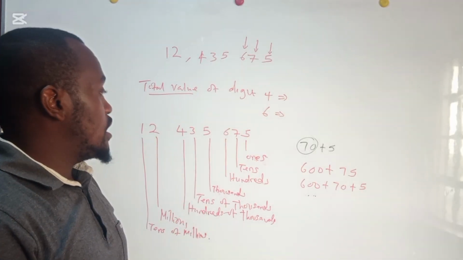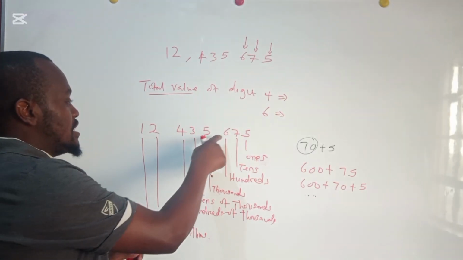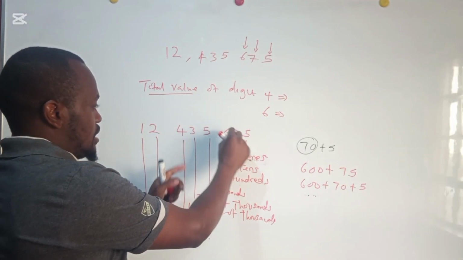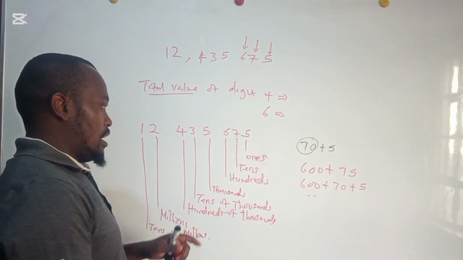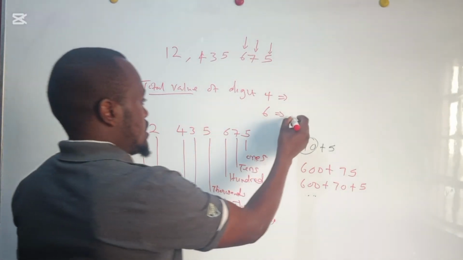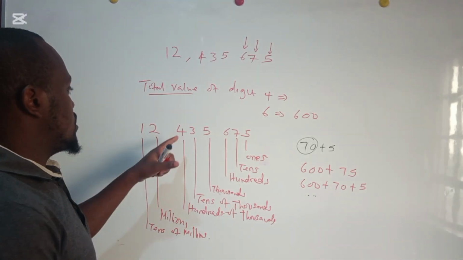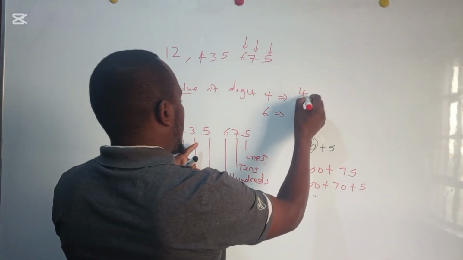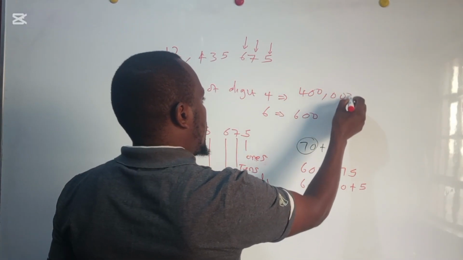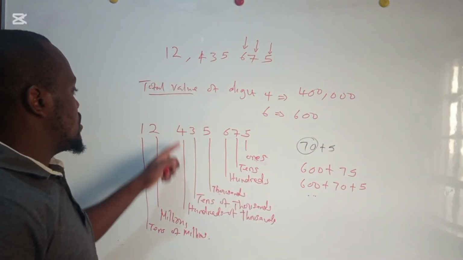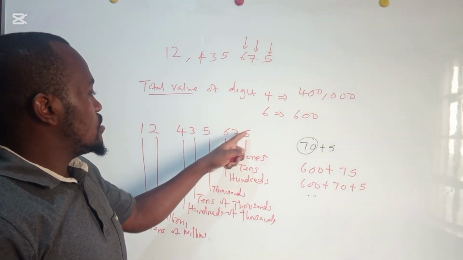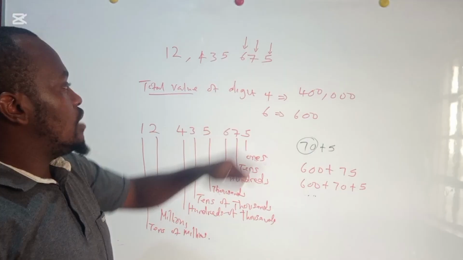So if you are asked about the total value of digit 6, you take 6 and then zeros to the other part. So 6 is 6, 0, 0. That's the total value. Digit 4, you take 4, then 0, 0, then 0, 0, 0. These are the total values.